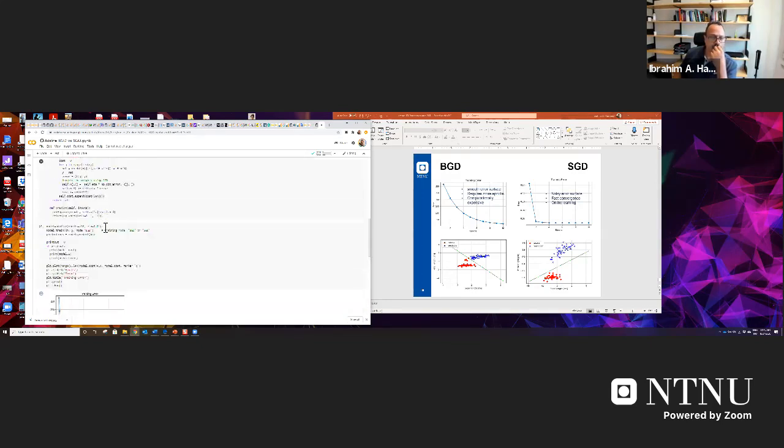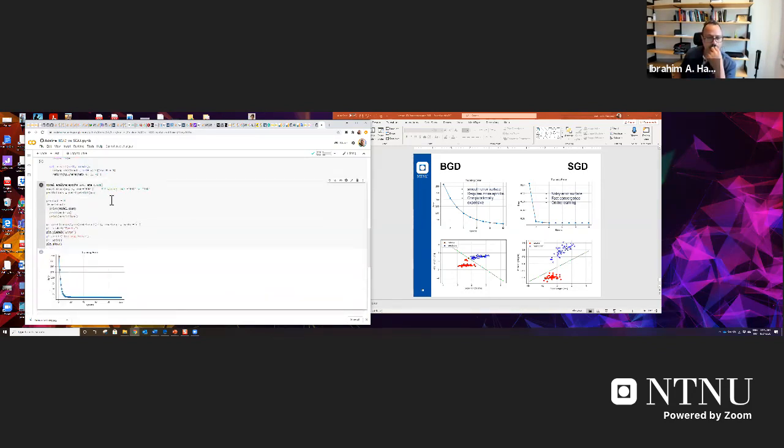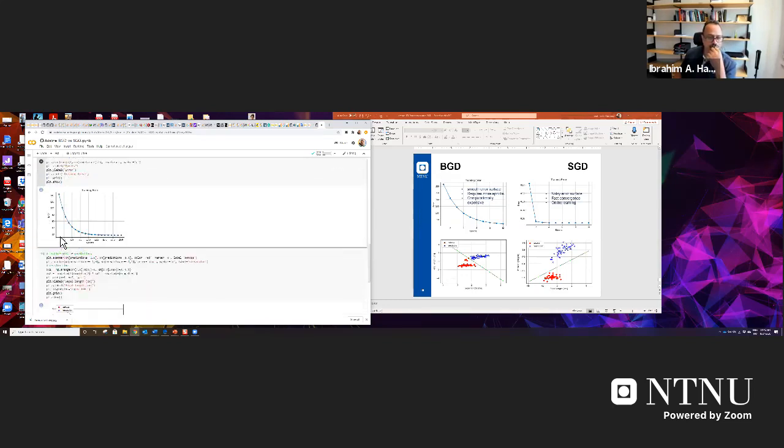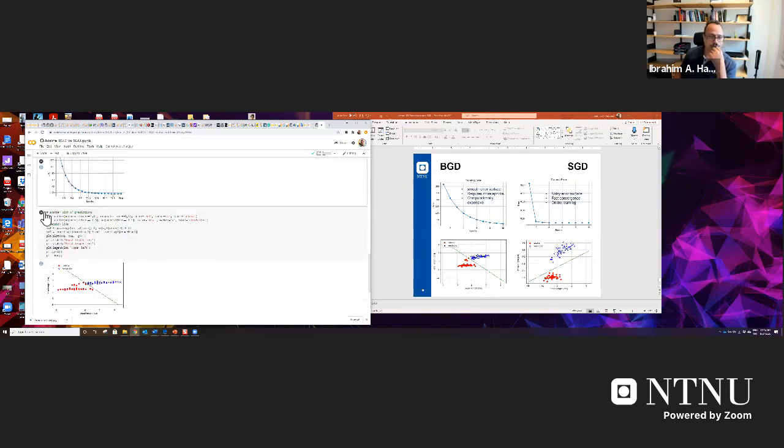But maybe we can reduce this one more. When we reduce more, we will need more epochs. Maybe it's too much. Maybe 20 is okay. But do you see the error is too much, in fact? So the error here is too much. Yes, it will be like this.